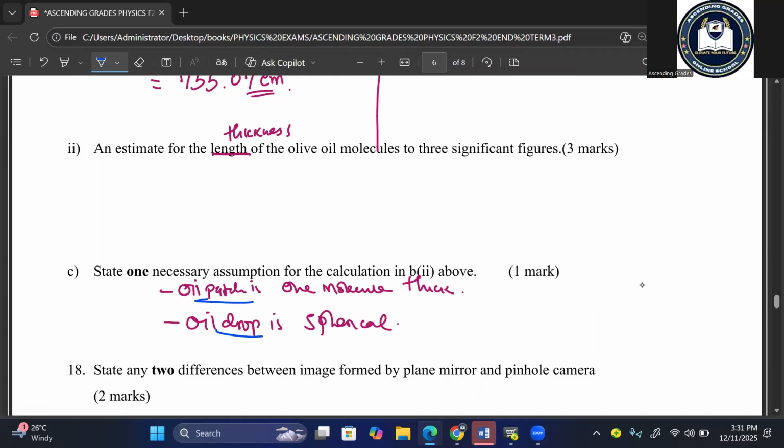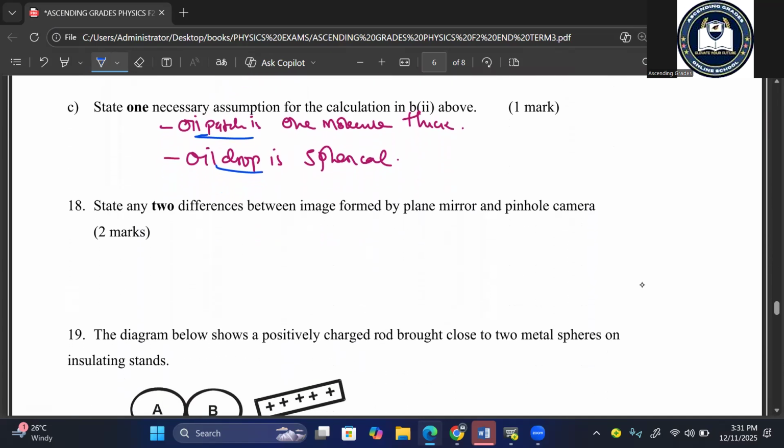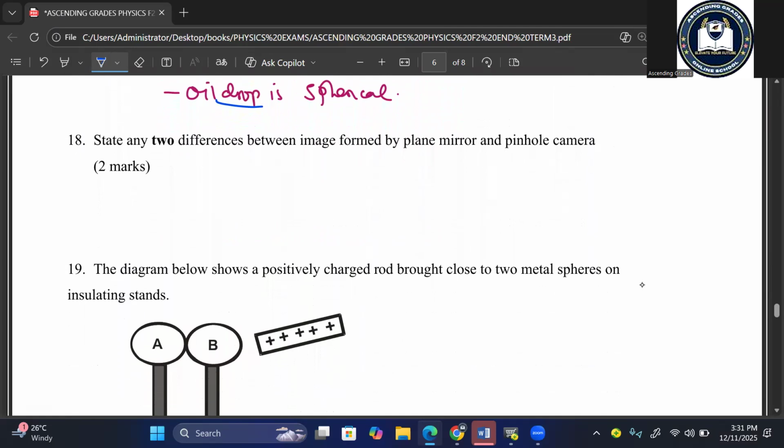Our next question, that is question 18. State any two differences between the image formed by a plane mirror and a pinhole camera. So we can have plane mirror and we have the camera here. By plane mirror, the image is virtual.